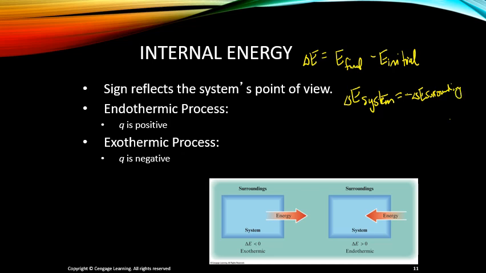When we are discussing the heat component, Q, if it is an endothermic process, that means I'm absorbing energy, so the amount of Q would be positive. If I have an exothermic process, because we're giving away energy, then Q would be negative for the system.